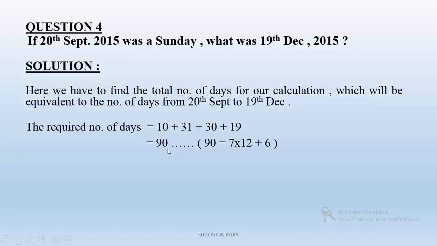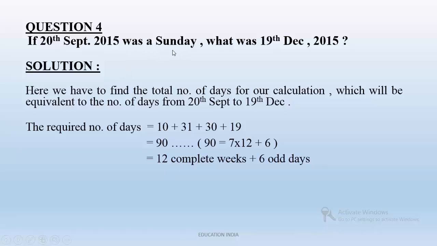Since 90 is greater than 7, it has to be divided by 7 to give us the number of odd days. As we can see, 90 days will consist of 12 complete weeks plus 6 odd days.